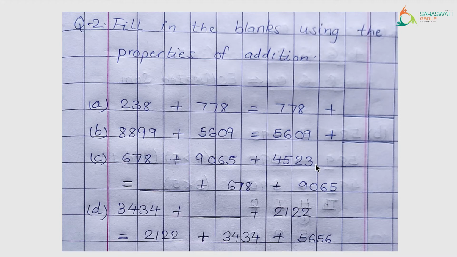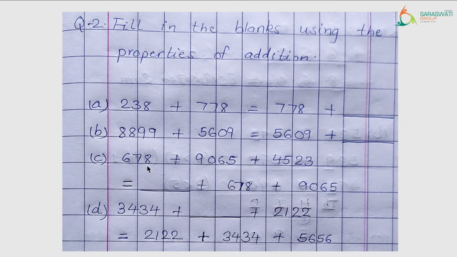So now students, over here on the right hand side of this equal to sign, यहाँ पे भी 3 numbers ही add हो रहे हैं, right? Out of which 1 number is not given, right? And the 2 numbers which are given over here, right? वो left hand side पे भी हैं, right? 678 and 9065. Both of these numbers are present on the left hand side of this equal to sign.